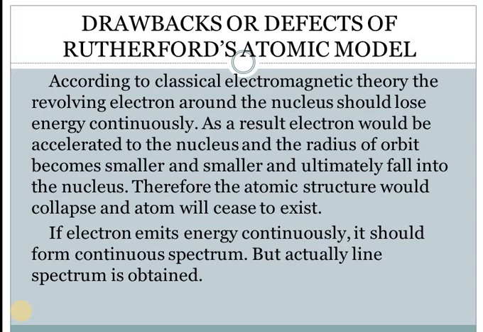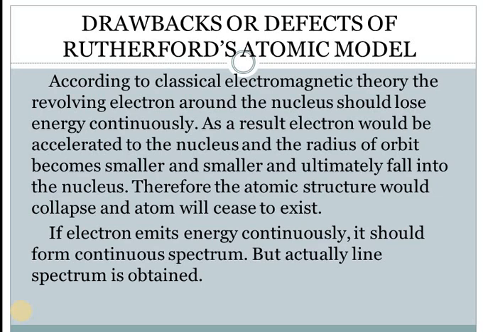or you can simply say that the atomic structure would collapse and the atom will cease to exist. But if electrons emit energy continuously, it should form a continuous spectrum. But actually a line spectrum is obtained, that is, continuous emission of energy is not possible unless and until an electron jumps from a lower to a higher orbit or from a higher to a lower orbit.